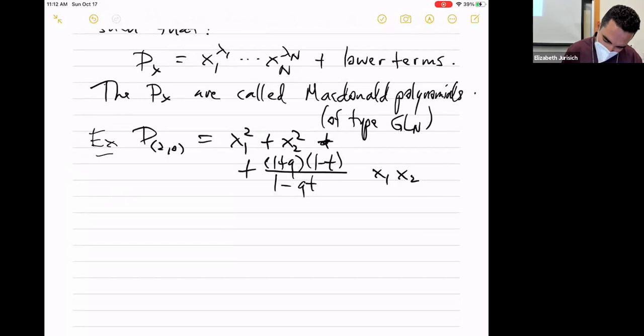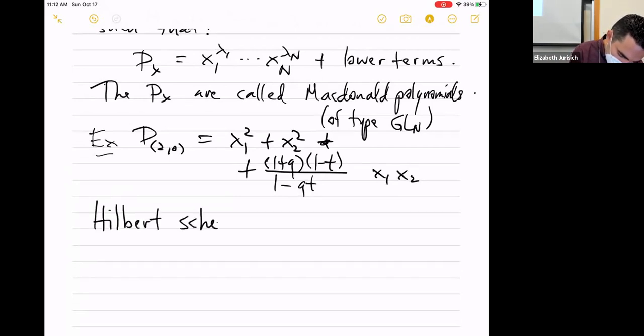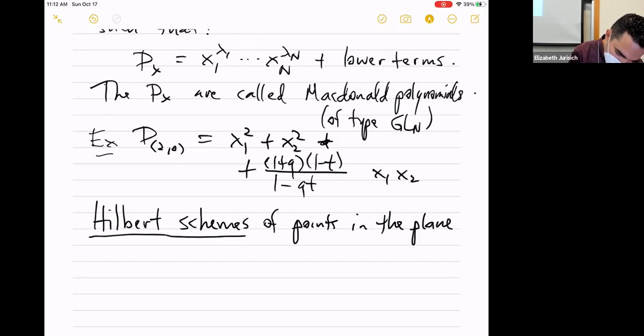So I was talking about the general reductive group generality, but in type A, there's another reason we care a lot about these, because they're related to Hilbert schemes of points in the plane, which are geometric objects that play a very important role in geometric representation theory and related fields.